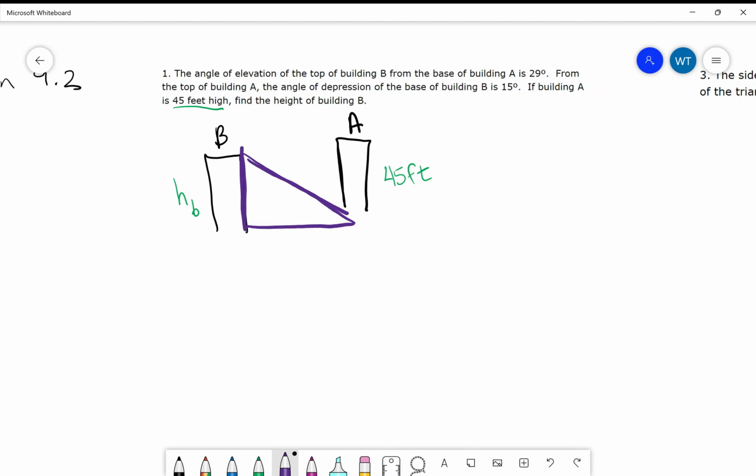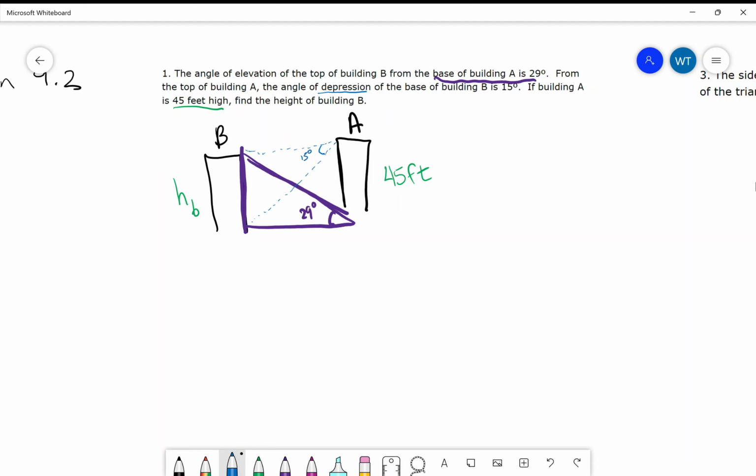And then we know from the base of building A, it's 29 degrees. And then for base of building B to the top of A, instead of elevation, we have depression. And what that's going to be is here. And we know that is 15 degrees.